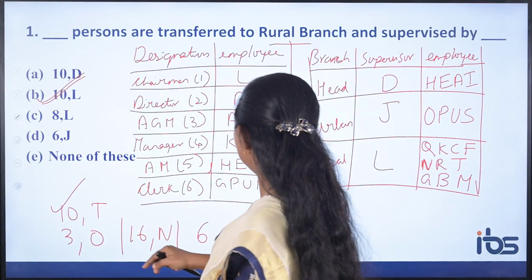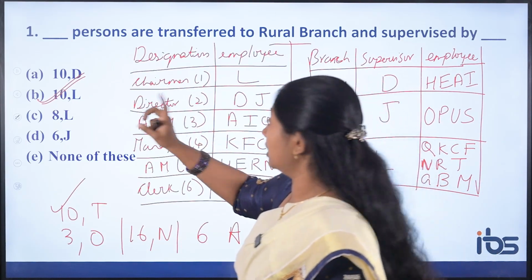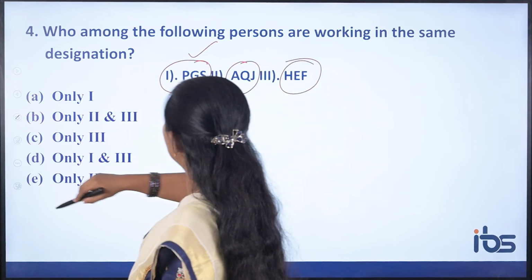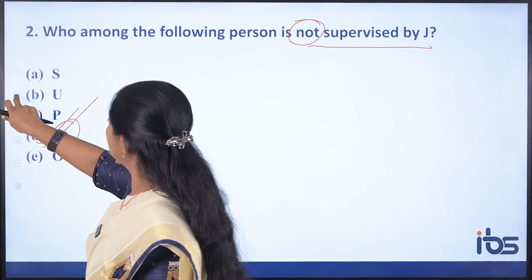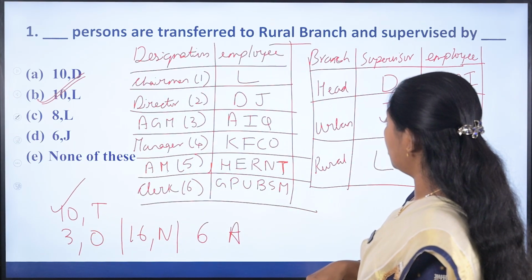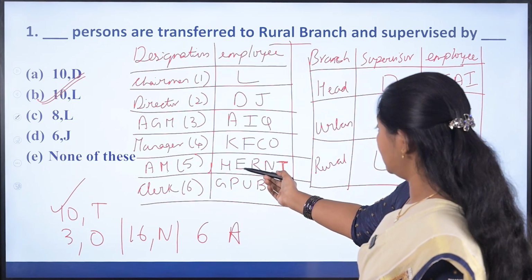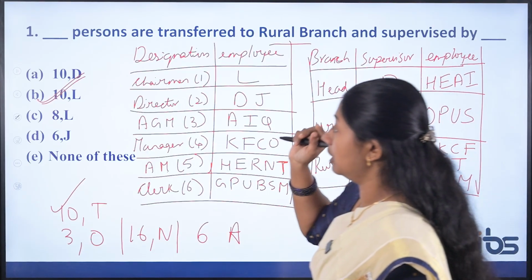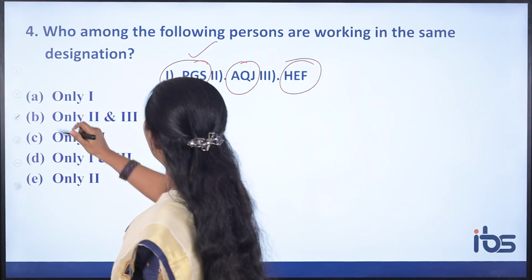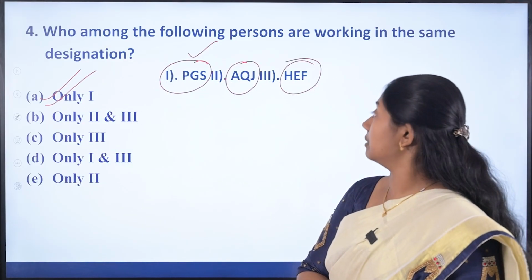AQJ, where is AQJ? They are not working in the same designation. Next, HEF. They are also not working in the same designation, because we have H and E working as assistant manager and F as manager. So only one set, PGS, is working in the same designation.